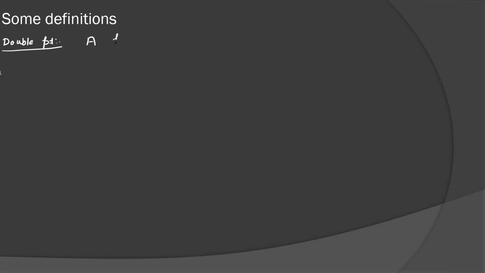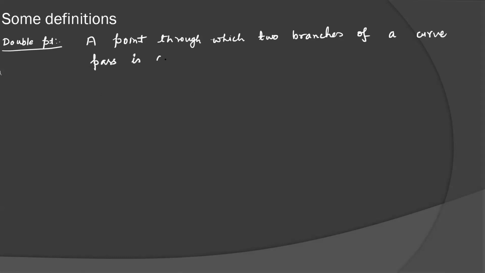A point through which two branches of a curve pass is called a double point.